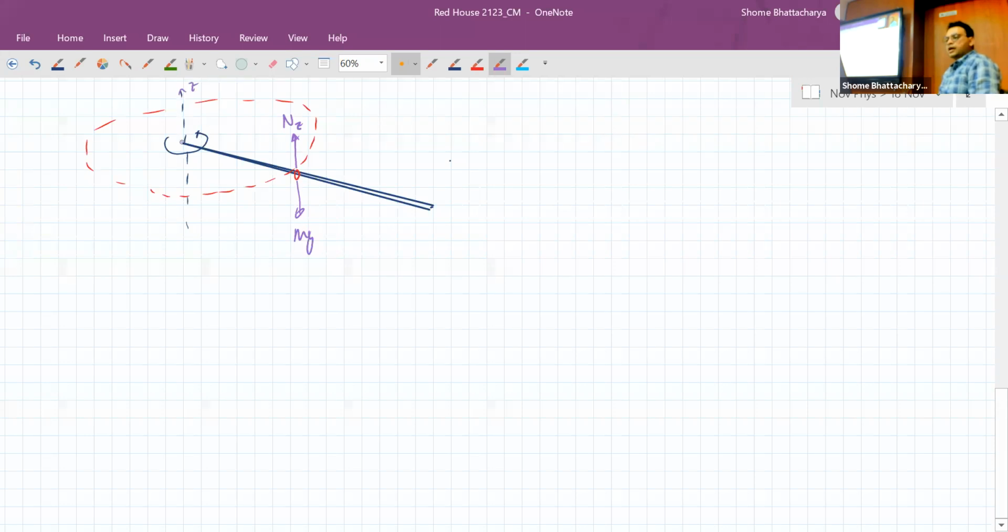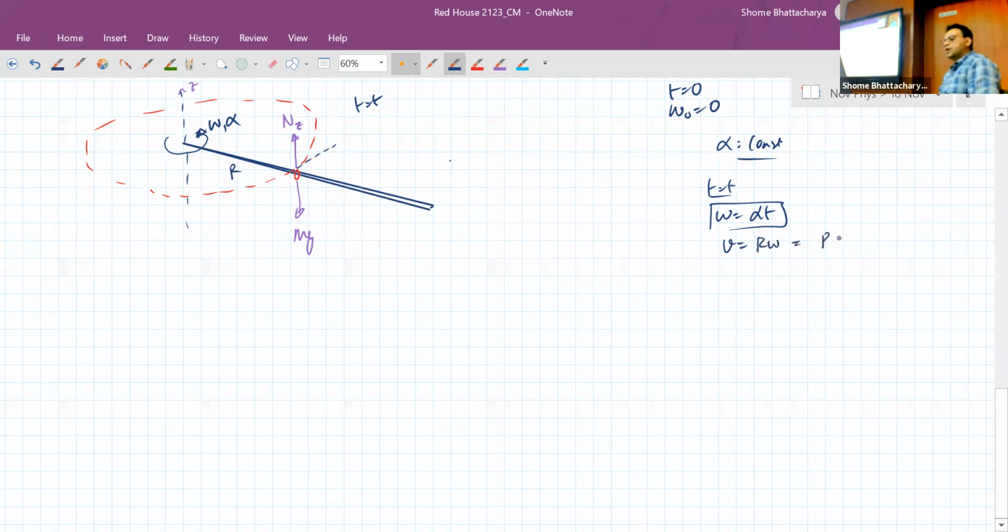But this is rotating with some alpha. At some instant it has an omega and an alpha, because this is at some general time t. We know that at t equal to 0, our initial angular speed was 0 and our alpha is constant. So at some time t, omega will be alpha t. Therefore the particle will have a speed in the tangential direction, so v will be equal to r omega, that is r alpha t.